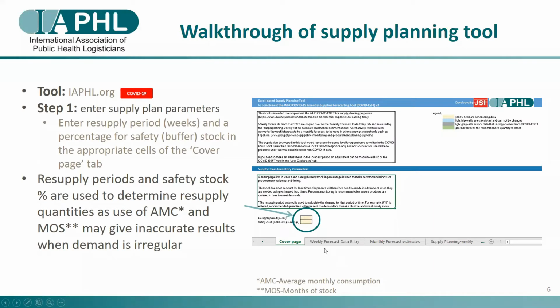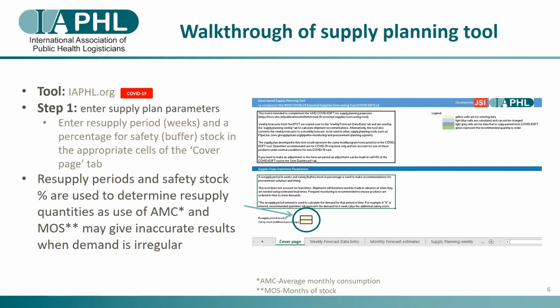The supply plan parameters have been determined to use resupply periods in terms of weeks and safety stock as a percentage. We attempted at first to see if we could use months of stock and average monthly consumption in the calculations, but because COVID-19 and the models that come out of the WHO tool give a very peak and trough type of demand forecast, not consistent in terms of supply needs, they give very inaccurate results in terms of average monthly consumption and months of stock.